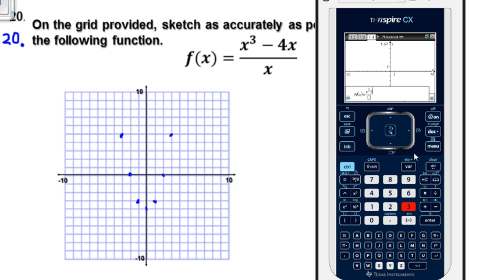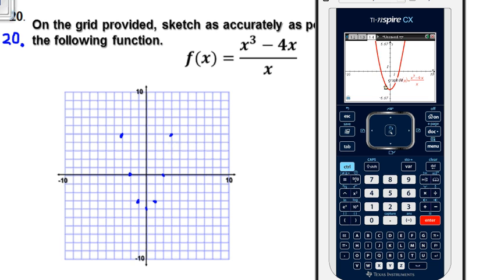Oh, I got that wrong. And we have x to the power of 3 there. I got it right. Go over here, minus 4x. And then down in the denominator we press x, and we graph it, and when we graph it we see just like it is here.